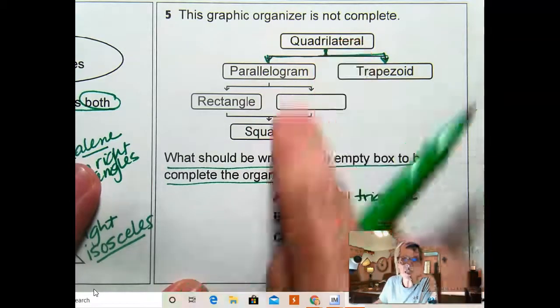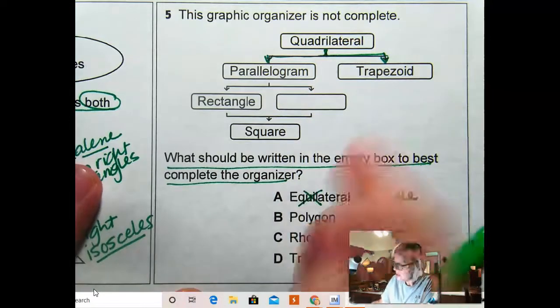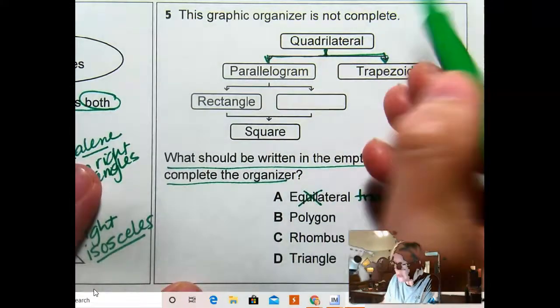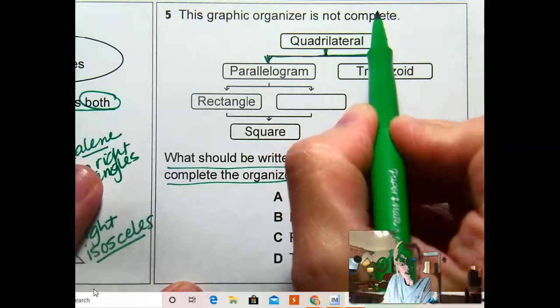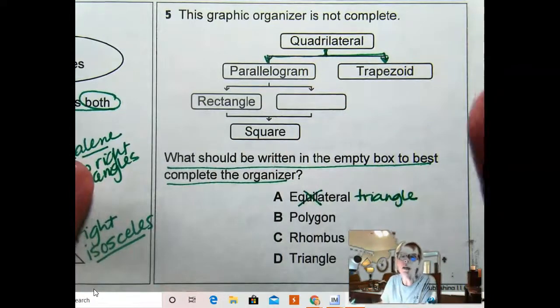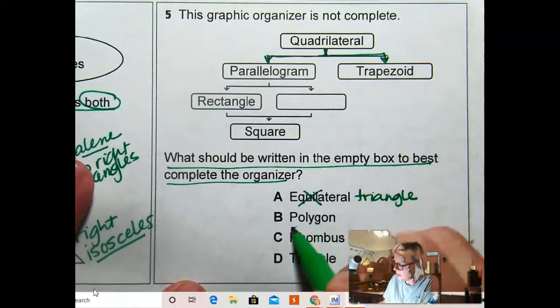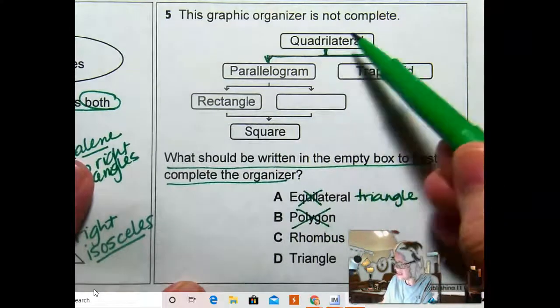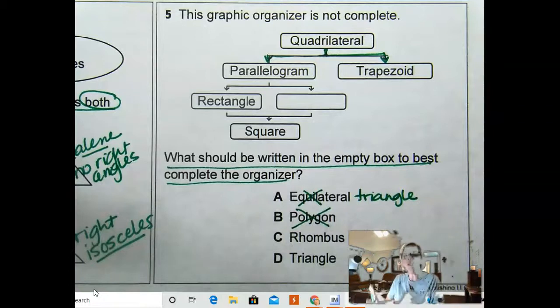A quadrilateral is a type of polygon. So if we had the word polygon, it would be way up over quadrilateral because a quadrilateral is a type of polygon. So I'm not going to put that there because it does not go underneath. It's like an umbrella. What goes under the umbrella? Polygon is like the sky.